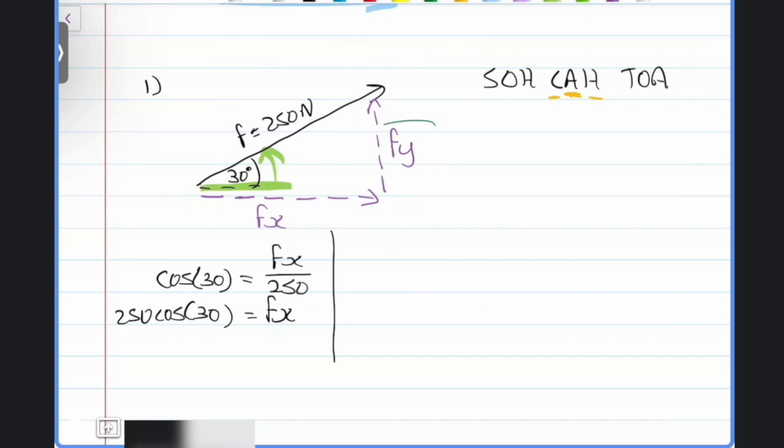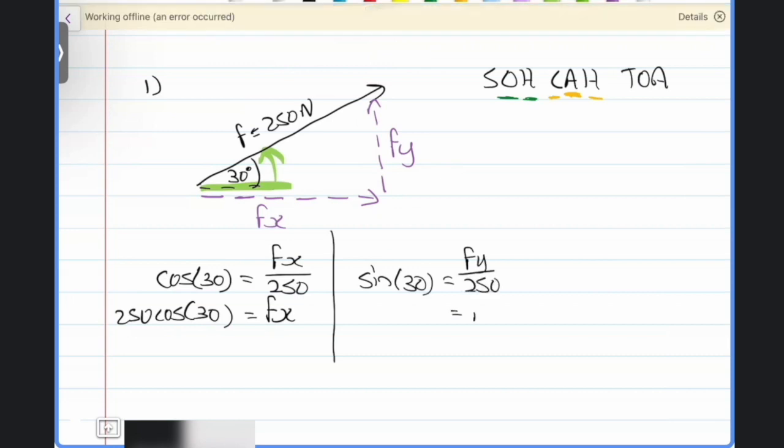Because here, this is the opposite, and we know we have the hypotenuse. So obviously we must use sine. So you can say sine of 30 is equal to opposite, which is Fy, over the 250. And then Fy is obviously equal to 250 sine 30.